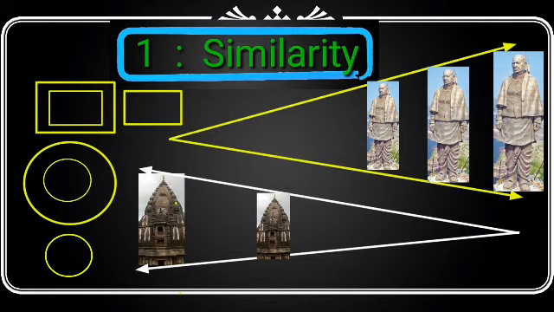Would you say that the three photographs are similar? Yes, they are. This is the statement of similarity. Similarity means those figures have the same shape but need not be the same size.